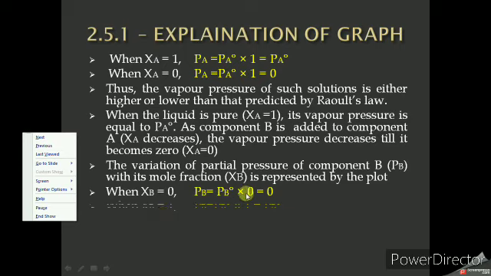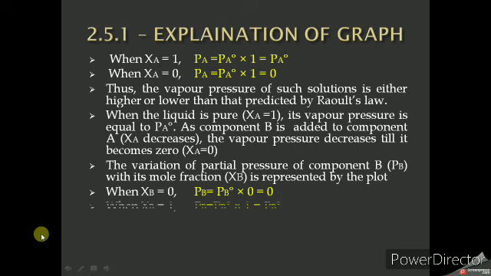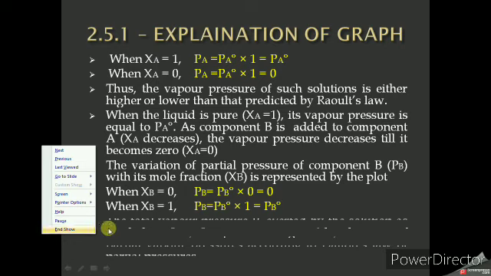Vapor pressure of B into mole fraction XB equal to 0, so you get 0. And when XB is equal to 1, what do you write? The partial pressure of B is equal to vapor pressure of B into mole fraction XB equal to 1, so we get PB0.